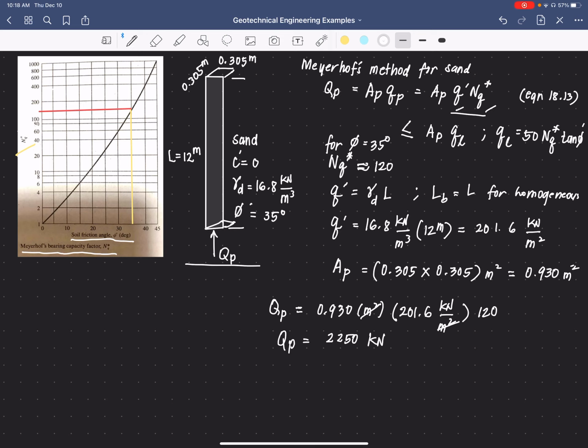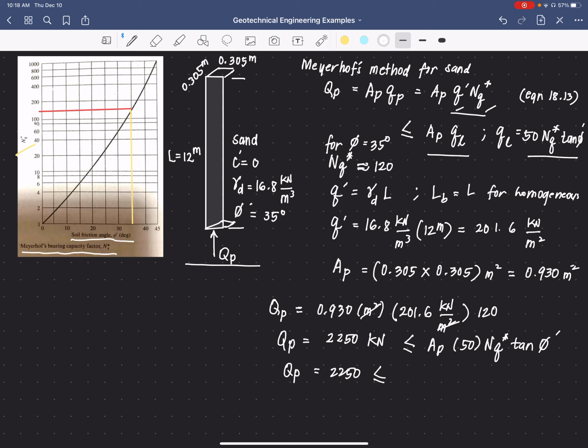But again, this should be less than a limiting value of A sub P multiplied by Q sub L. So we can just write A sub P multiplied by 50 N sub Q tangent of our angle of friction. So let us check, is it less than or equal?